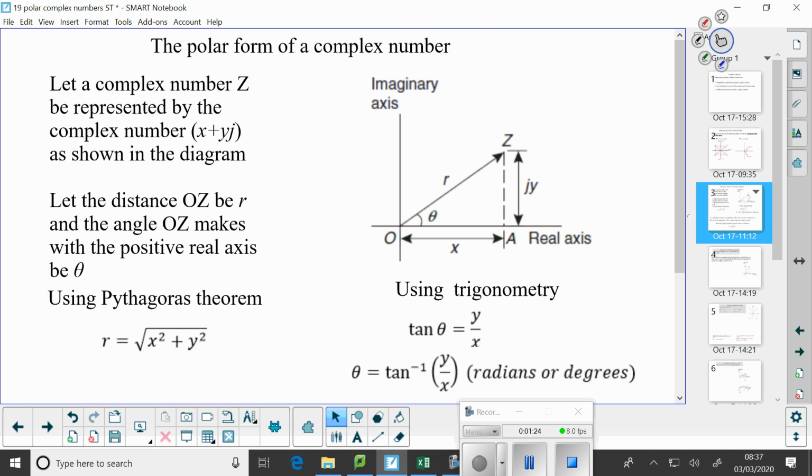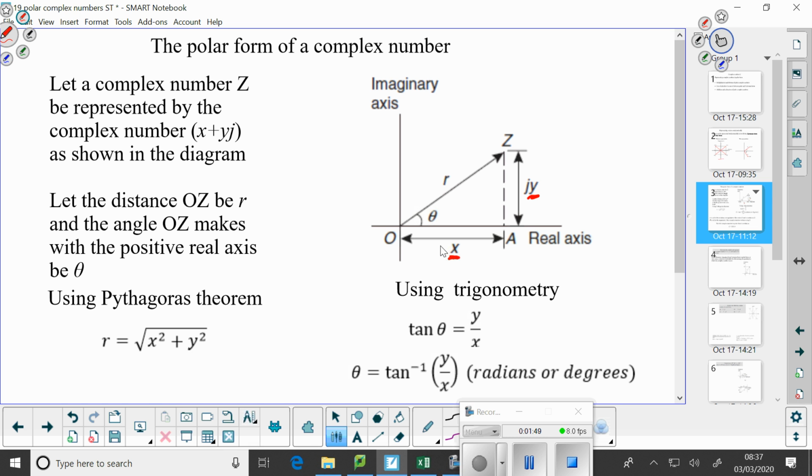So, if we let a complex number z be represented by x plus yj, as shown in the diagram, we've gone x across the real axis and j times y up the imaginary axis.